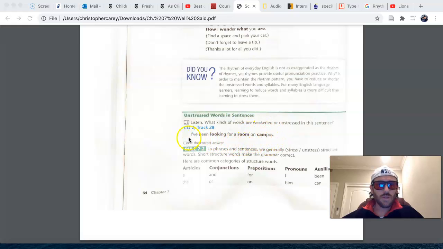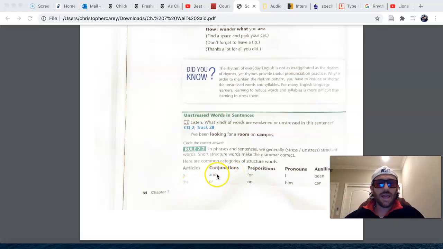So what are these types of words here that are unstressed? What kinds of words are weakened or unstressed in a sentence? A rule that we can create here, guys, and you should add to your notes: in phrases and sentences, we generally unstress structure words, also known as function words. Short structure words that create correct grammar, that give us the structure in a sentence, right? Articles, like a and the.